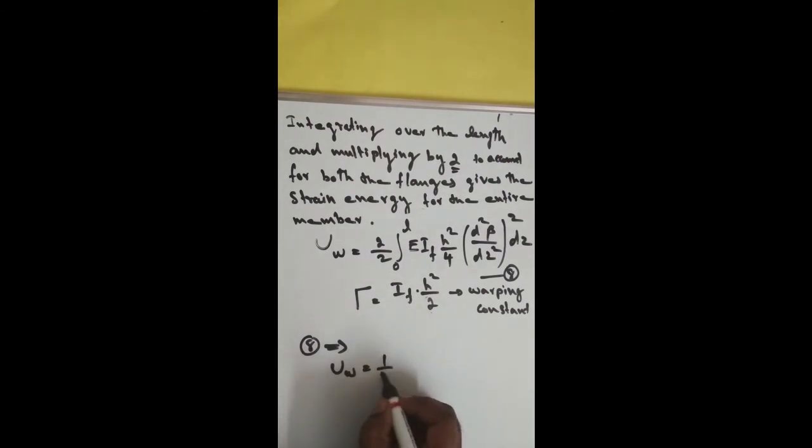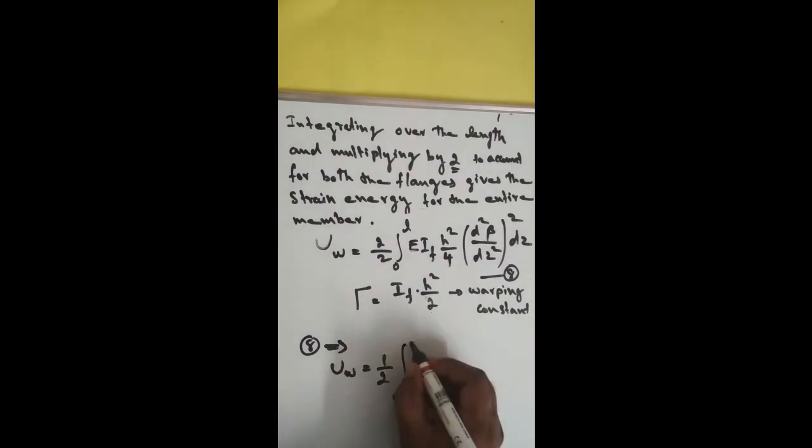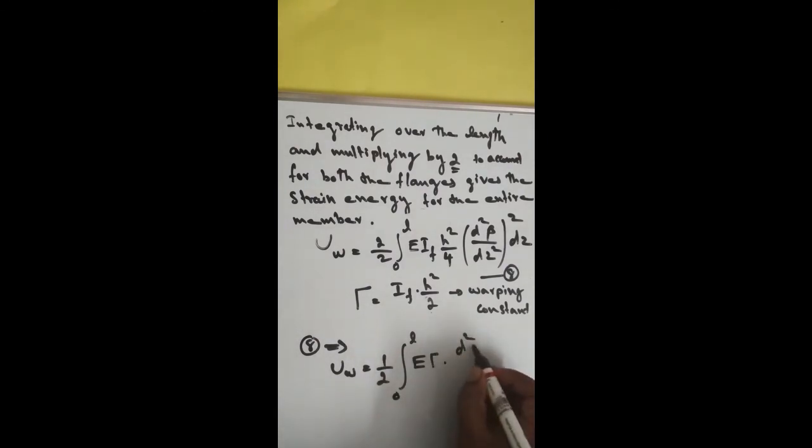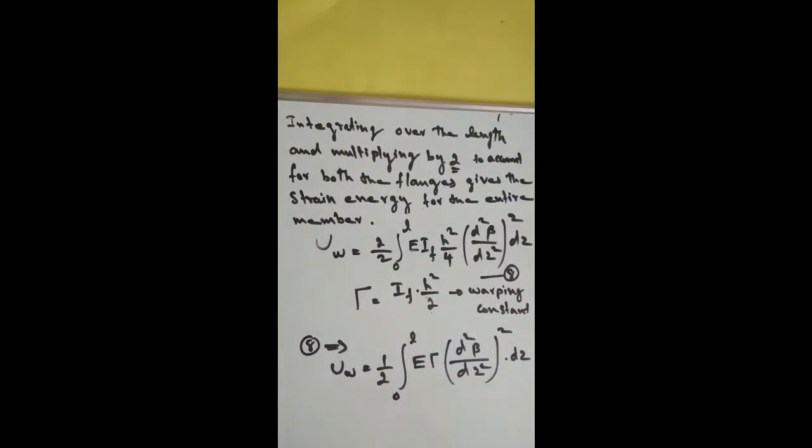U_W is equal to 1 by 2, integral from 0 to L of E into gamma into d squared beta divided by dz square, the whole square into dz. That 2 is coming here. Equation number 9.